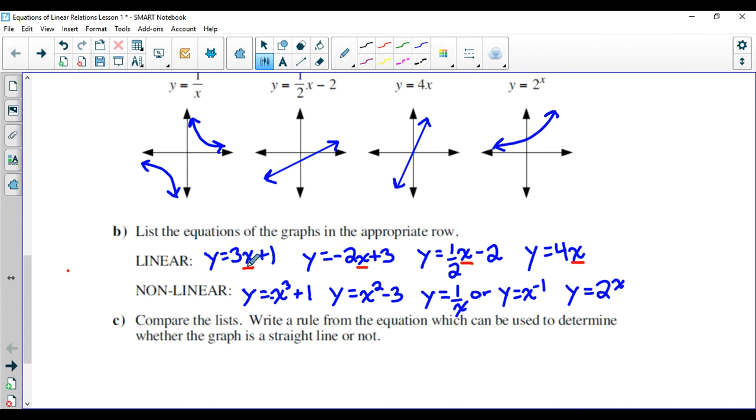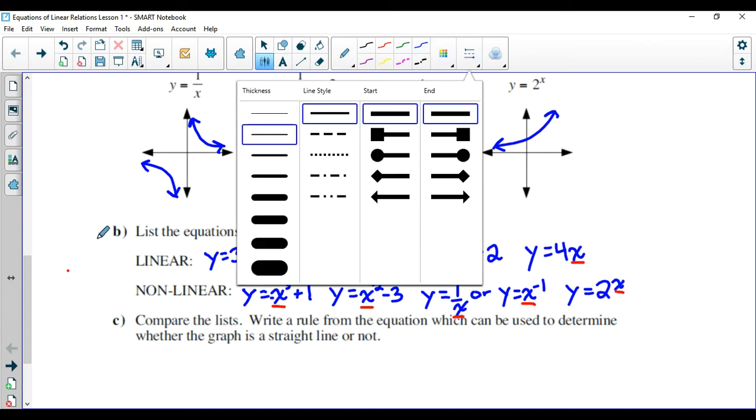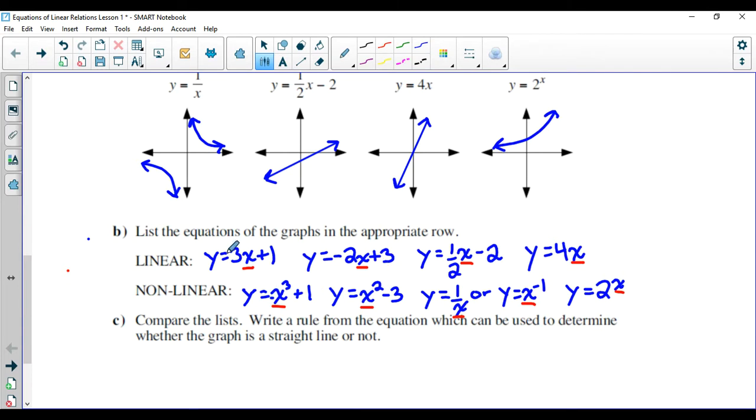Now, what I want to do is look at the exponents attached to all of these variables of x. For all of my straight line graphs, what do you notice is the connection between all the variables that have an x in it? Well, if it's a straight line, the variable x would have an exponent that's 1.